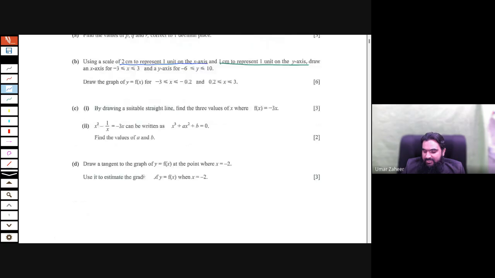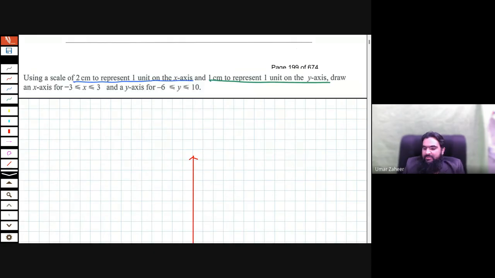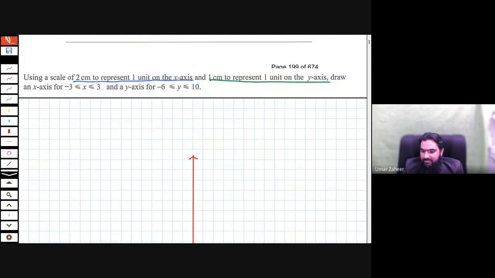So I'm assuming that my one block is equal to 1 centimeter. Now for the y-axis, 1 centimeter represents 1 unit. So each block is 1 centimeter, and we have to make it from minus 6 to plus 10.